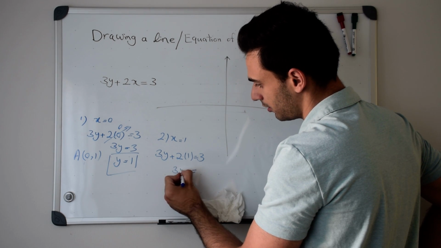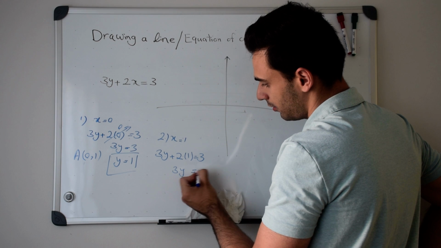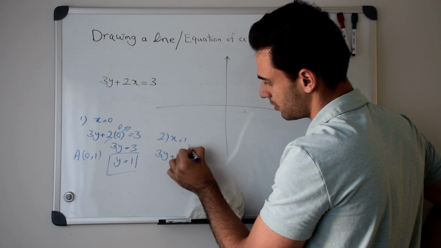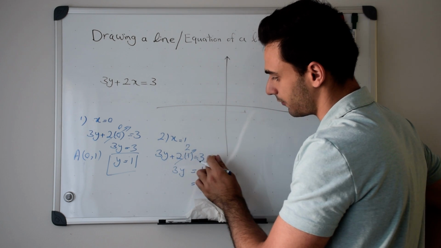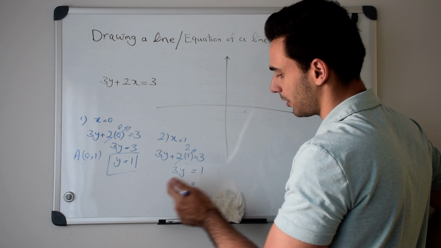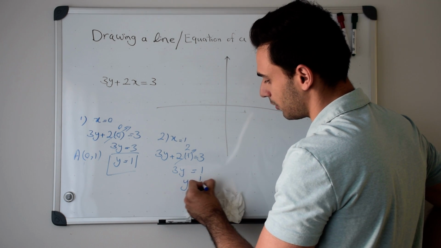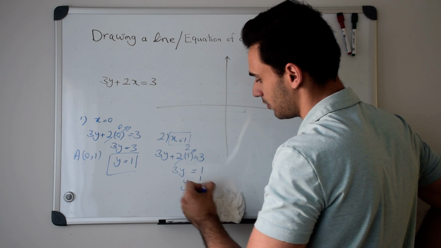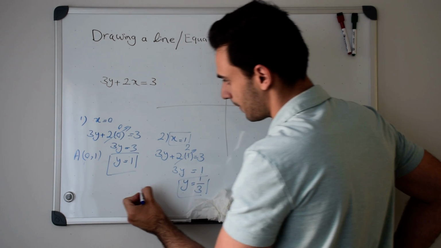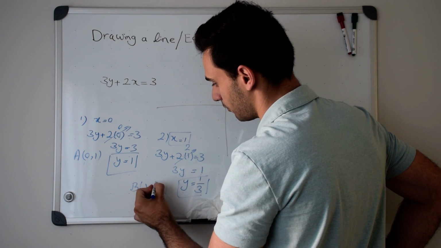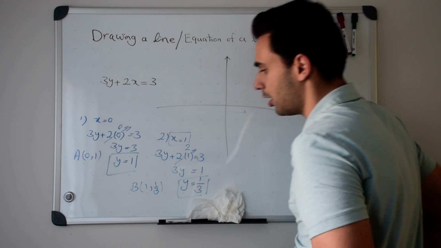Then 3y will be equal to 1 because the 2 goes to the other side of the equation, minus 2, 3 minus 2, 1. 3y equal to 1, y equal to 1 over 3. So I have x 1, y 1 over 3. So my point B is 1 and 1 over 3.